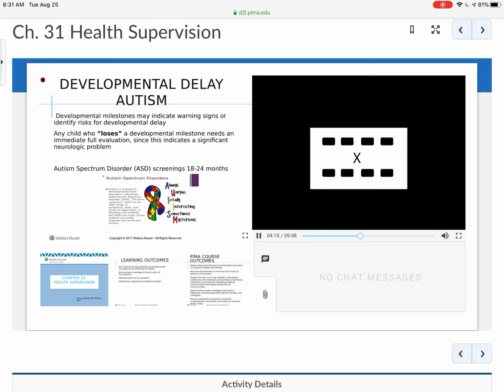And then any child who loses a developmental milestone needs to have an evaluation. One of the examples I can give you was a nursing student about 8 years ago, and her son was about 2.5. And you remember we talked about how they kind of have pot bellies and bowed legs.